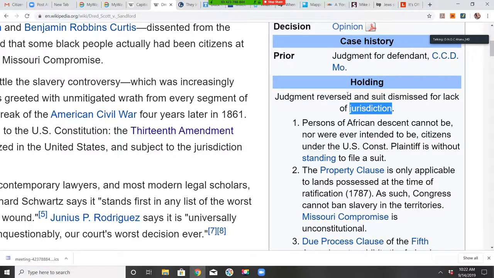Because of this, the judgment was reversed and the suit was dismissed.